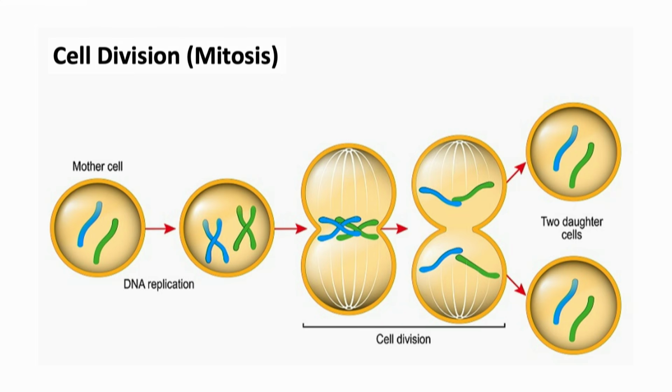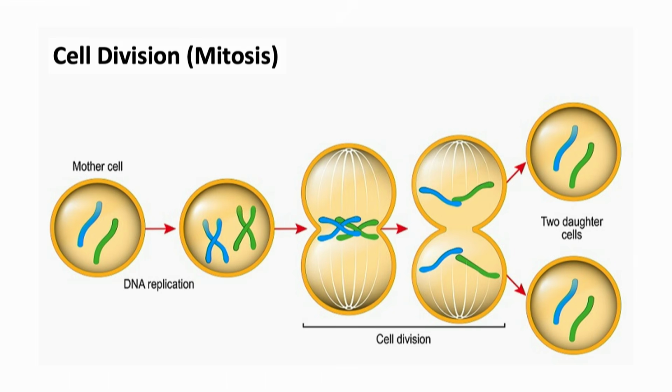So at the end of that process, we have 2 copies of each of the chromosomes in the cell. And then we have this cell division process where we form 2 daughter cells, and those 2 copies get separated into each of those daughter cells. So at the end of this process, we have 2 daughter cells that are identical to the mother cell.